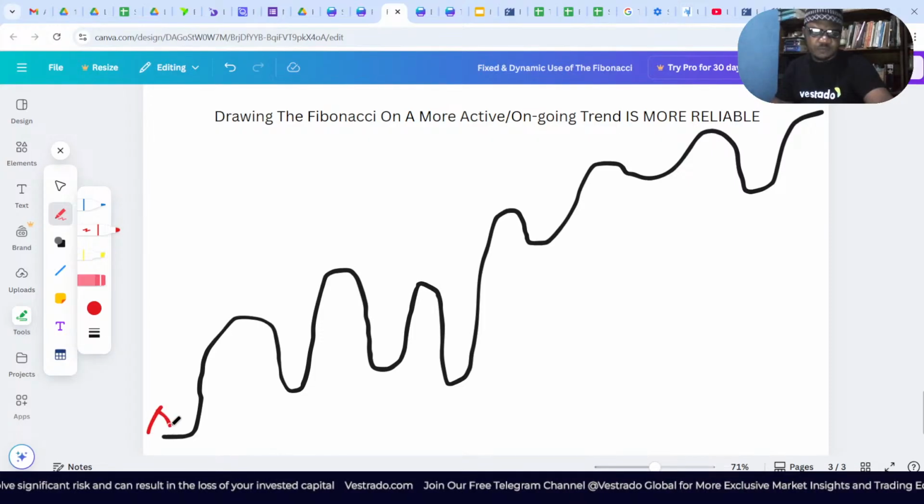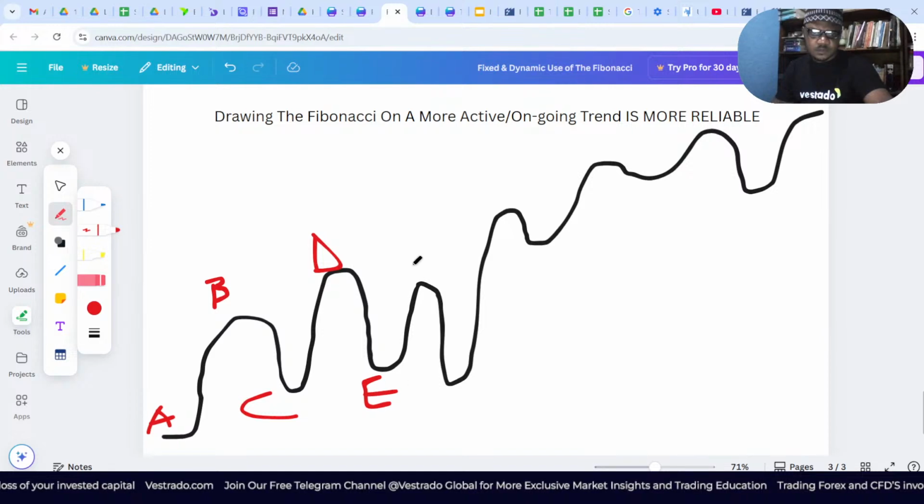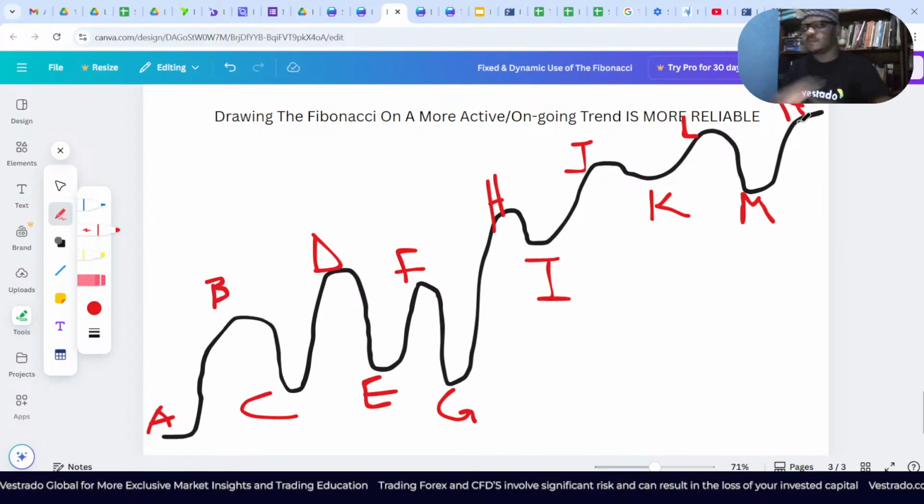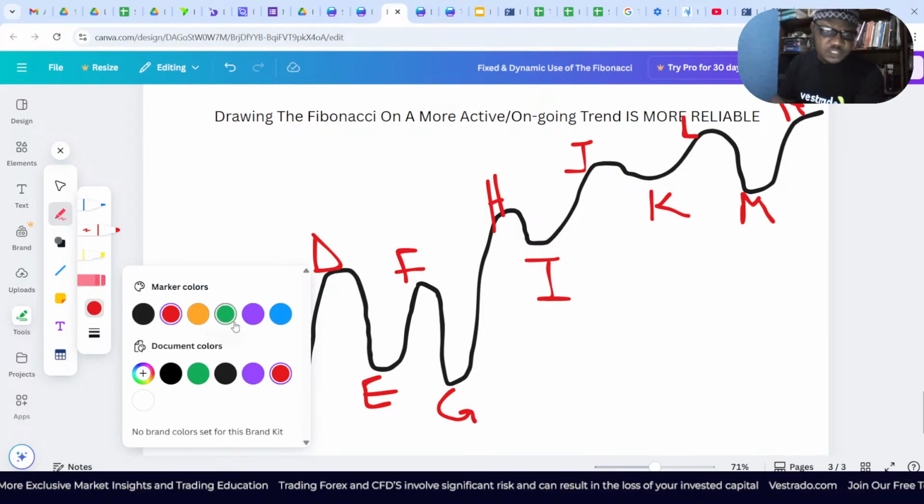Say we start from here: A, B, C, D, E, F, G, H, I, J, K, L, M, N. Okay. How do I draw the Fibonacci? This is what I do.